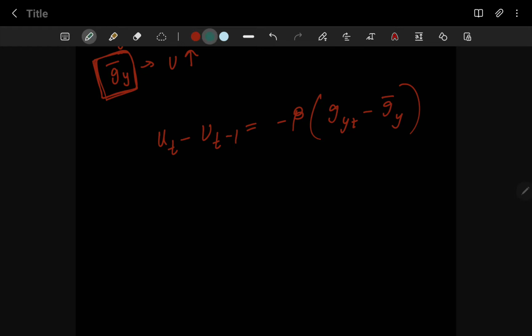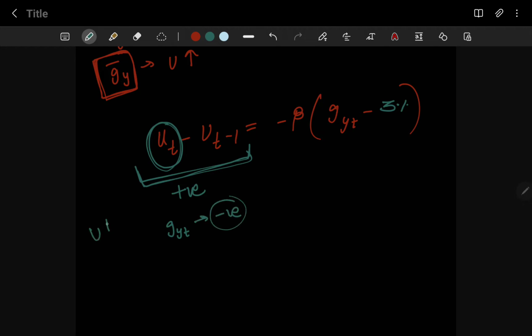For example, GY is, say, 3%. Okay? And your unemployment is any number. Now, if this is positive, as we have understood before, it means our growth rate is negative. Why? Because if unemployment increases, we assume our output decreases, right?